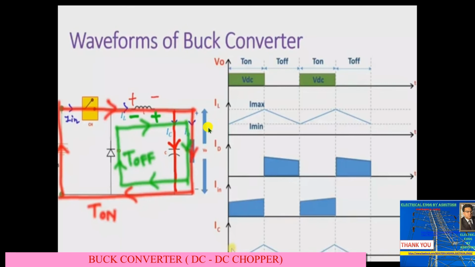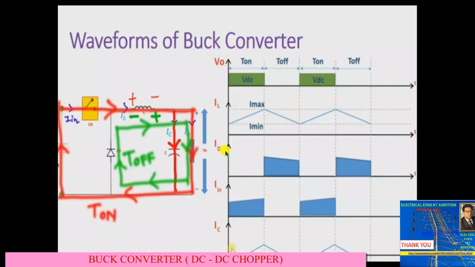The diode is reverse biased during T on time. As you can see here, no current will flow through it, and when the chopper is off, during T off time, there will be some current through this diode.